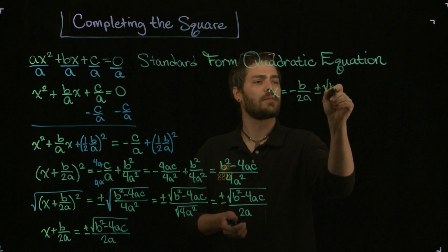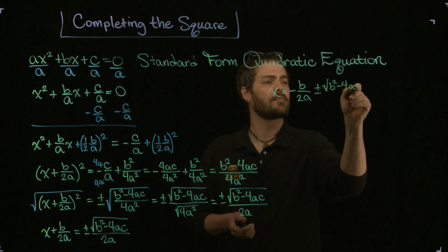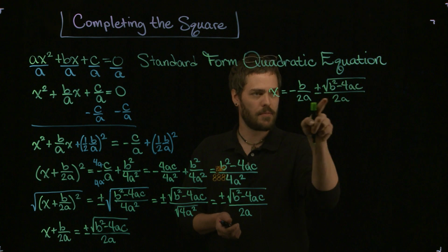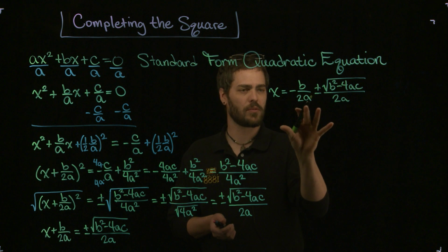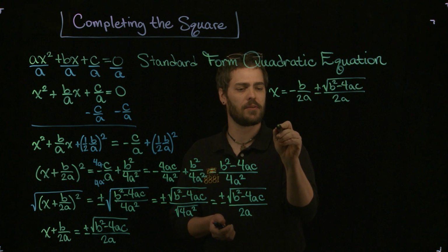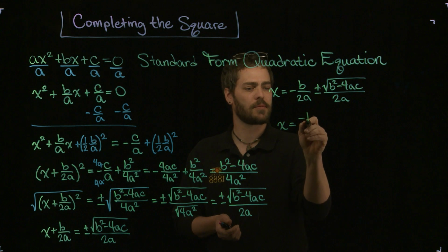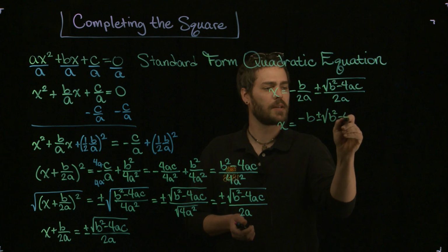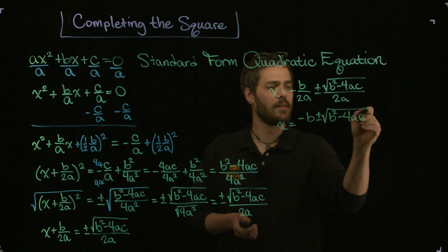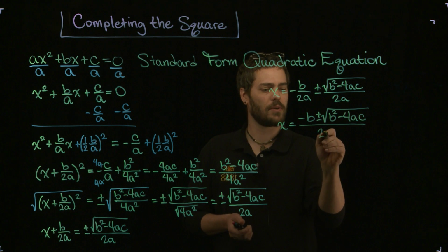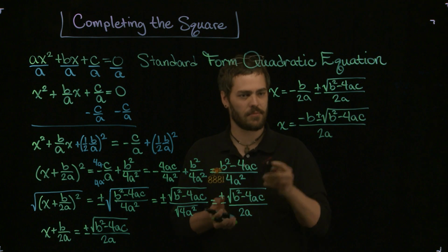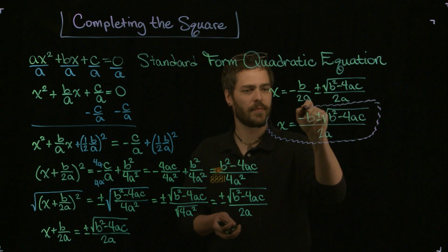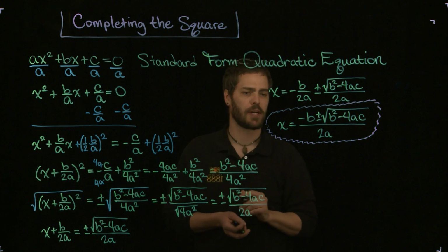Plus and minus the root of b squared minus 4ac all over 2a. And you might notice that we have a common denominator here. So I'm going to rewrite this just in one more form. This negative I will apply to the numerator so that we have x equals negative b plus and minus the root of b squared minus 4ac. And all of that is over 2a.